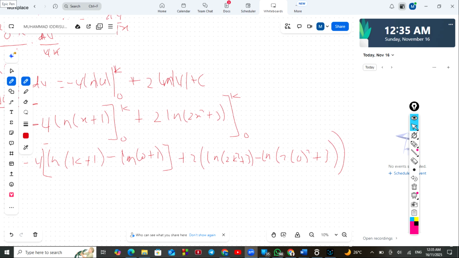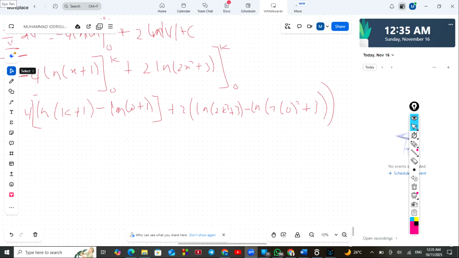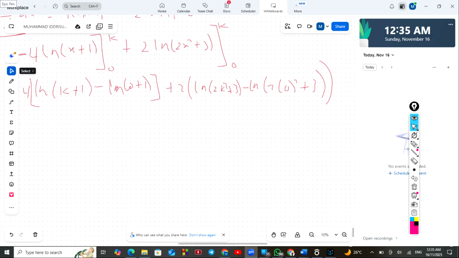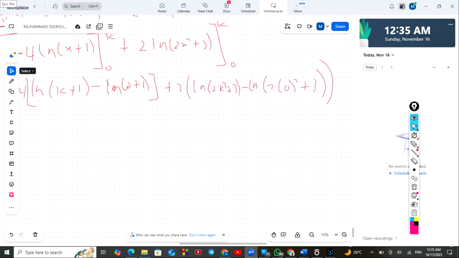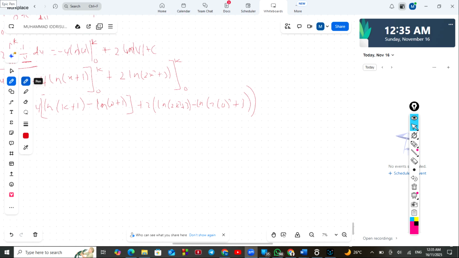This will lead us to... because of the spacing, let me see whether I can thicken this. Okay, it will be fine. I can't even see this thing.